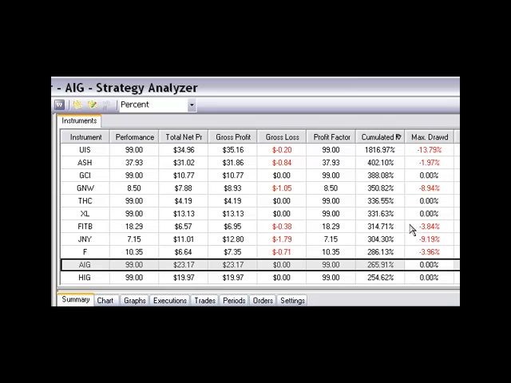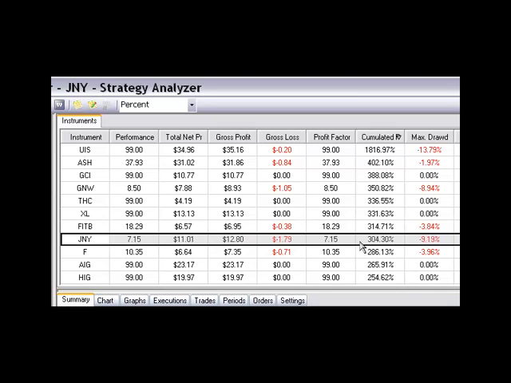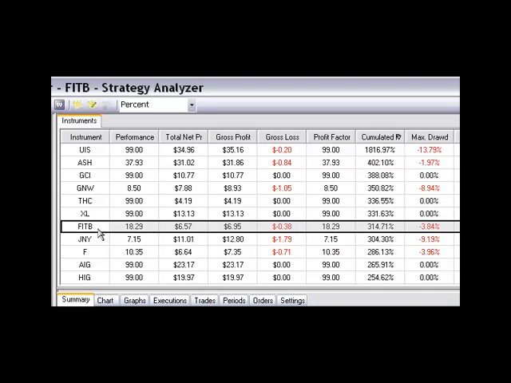If you compare similar stocks that have similar rates of return, like this one, FITB had a 314%, JNY had a 300% return trading it using our system. But the drawdown for JNY was a lot bigger than it was for FITB.